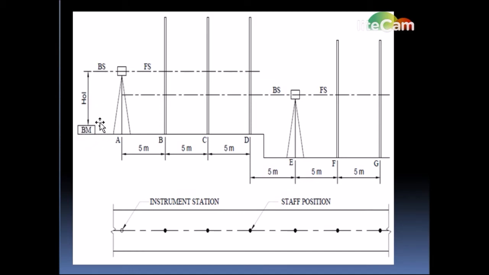We take the benchmark reading as 100 or 50 in our case, and we take the backsight to get the height of instrument. Subsequently, we will do this for the points till the next point is not visible. After that, we will shift the instrument from here to here and take the subsequent readings.